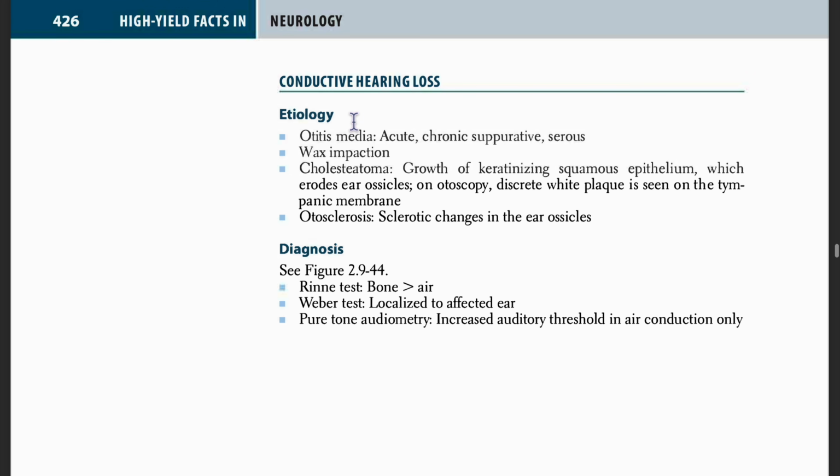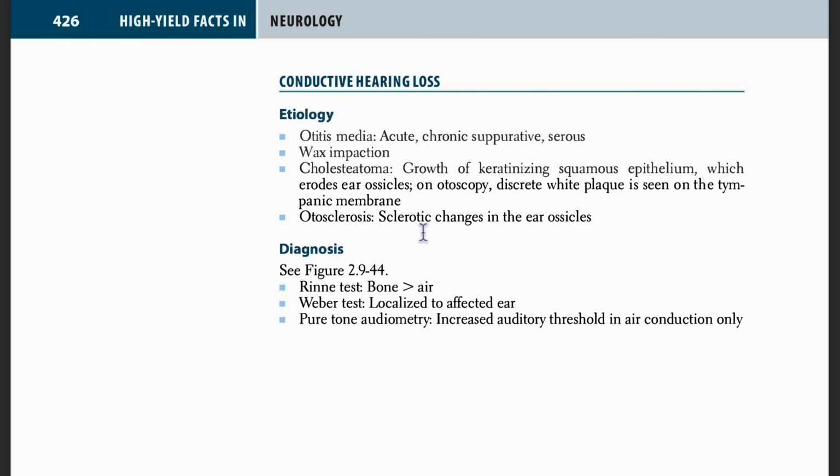Conductive hearing loss, etiology: otitis media, acute, chronic, suppurative, serous, wax, infection. Cholesteatoma, growth of keratinizing squamous epithelium, which erodes ear ossicles. On otoscopy, discrete white plaques are seen on the tympanic membrane.